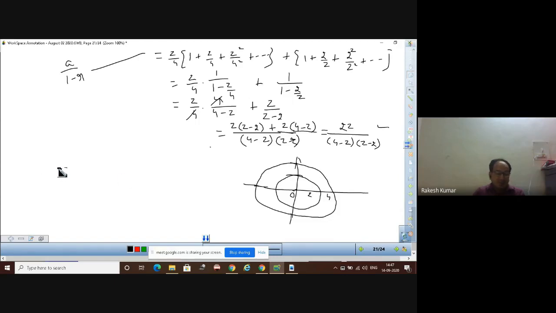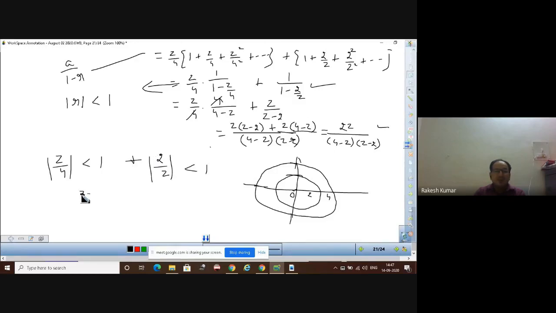Now you can find out the region of convergence in GP. We know that if we want to find out the region of convergence by using GP, the condition is when we have r less than 1. So we are using this step. Finding out the region of convergence, |z| over 4 should be less than 1, and from this term, 2 upon |z| should be less than 1.